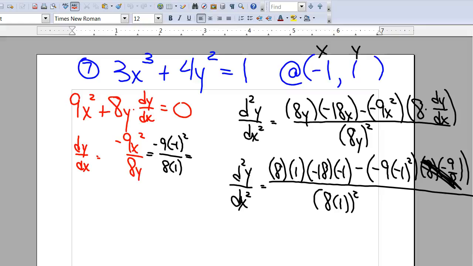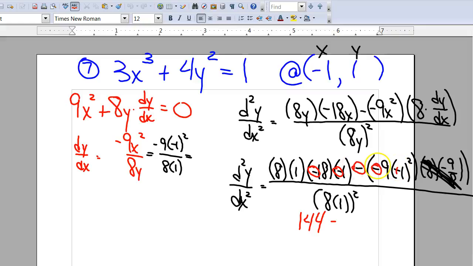8 times negative 18. What's 8 times 10? 80. What's 8 times 8? Two negatives here. So this is 144 minus negative 1 squared is 1. Negative 9 times that is negative 9. Negative 9 times negative. So, okay. This is a positive 1 after I square it.